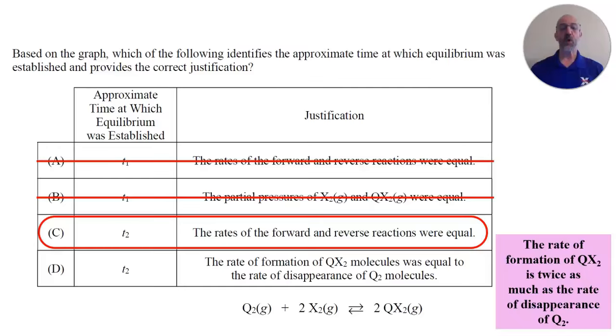So therefore, when equilibrium has been achieved, the rate of formation of substance QX2, the product, is actually twice as much as the rate of disappearance of substance Q2, one of the reactants. So that's why the justification in choice D is incorrect, and so the correct answer to question 2 is choice C.